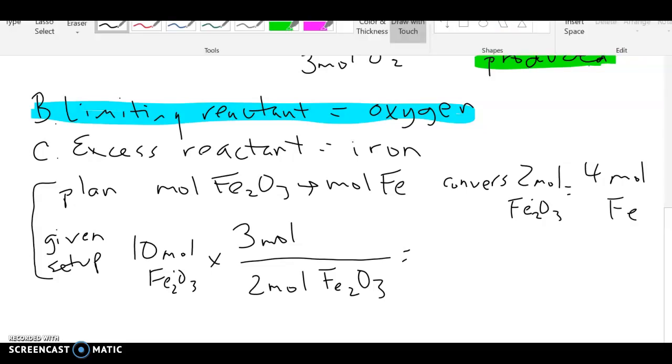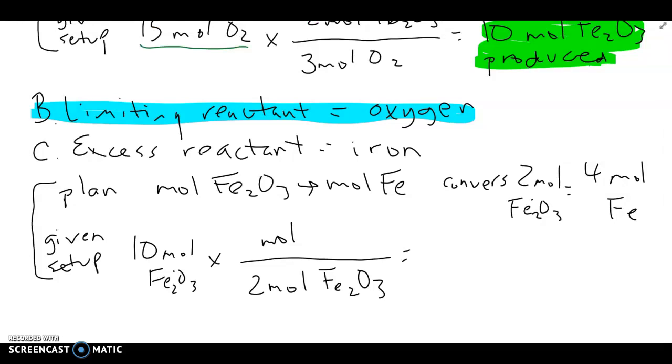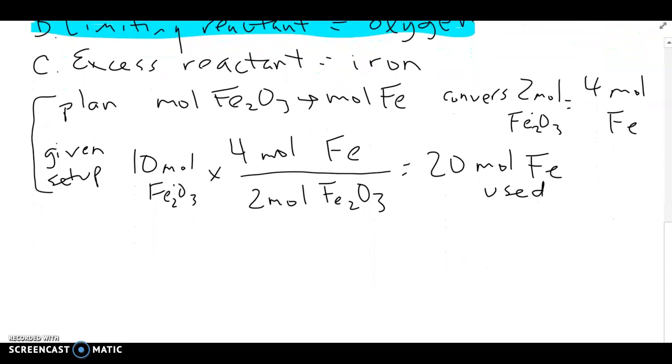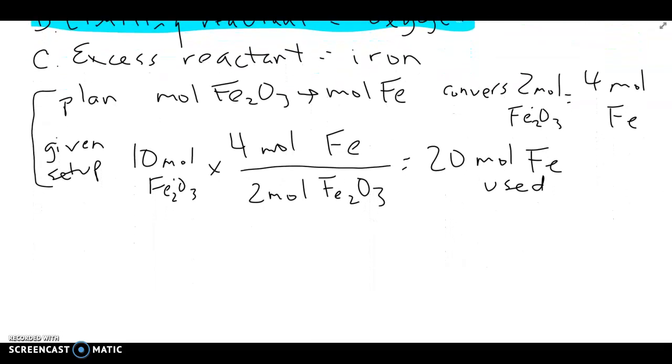So with 10 moles, I get 20 moles of iron used. Always a good idea to make sure you are writing all of this out. This is why we do this, so we can see where we've made a mistake. If I had done that all in my calculator, I wouldn't know that I was using the wrong information. So make sure you are always writing things down. That's my amount used.